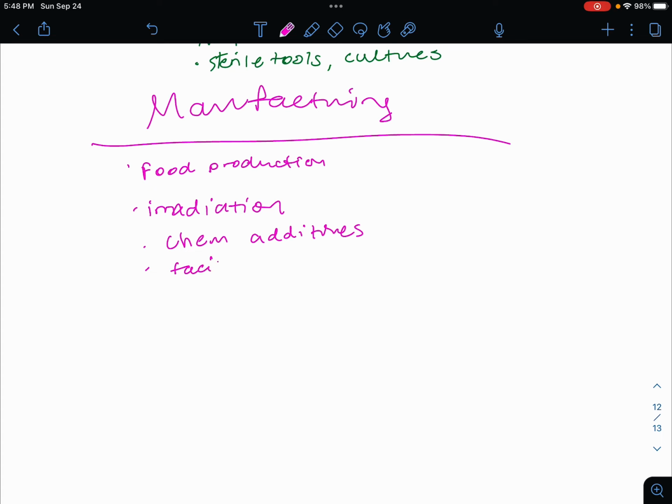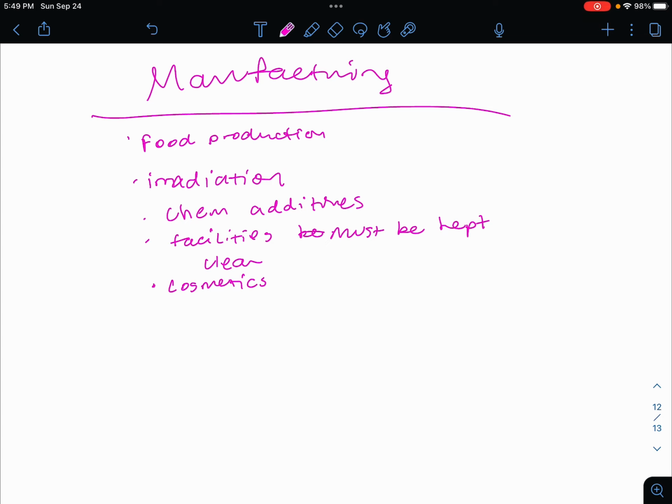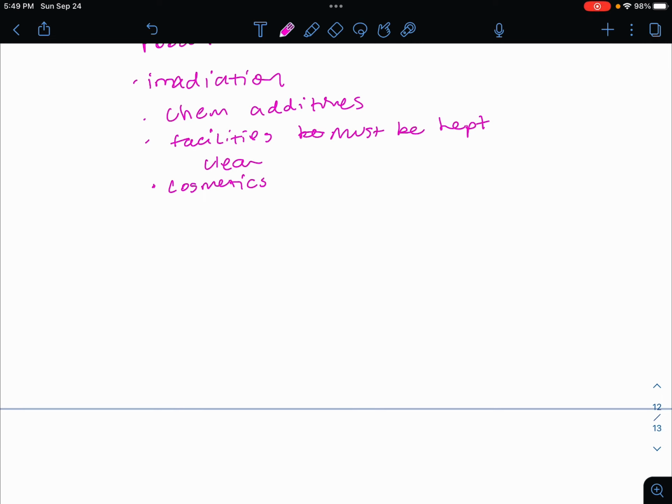And facilities must be kept clean and organized, of course. Other things that may contain microbes, such as cosmetics, are also regularly screened for any microbial contamination. So we have a lot of regulations in place in food production. Hopefully we get some of those regulations updated, because you don't know what types of microbes are out there, so we just need to make sure we take precaution when we're manufacturing or preparing food always.